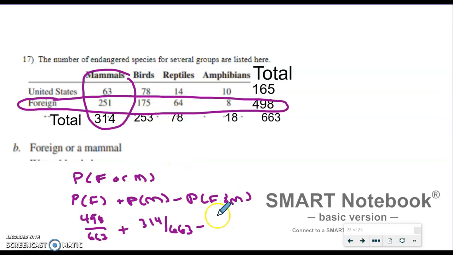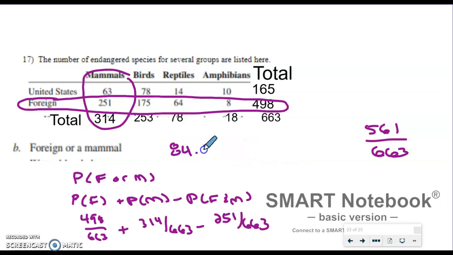And then we're subtracting the intersection, which is 251 out of 663. All right, so 498 plus 314 minus 251 gets me 561 out of 663. And that turns out to be basically 84.6%. That is the probability that that event occurs.